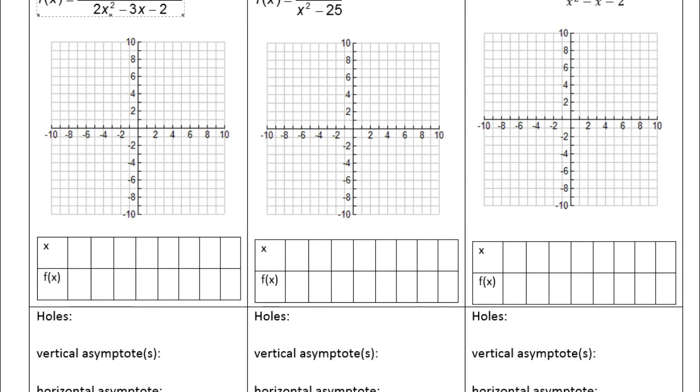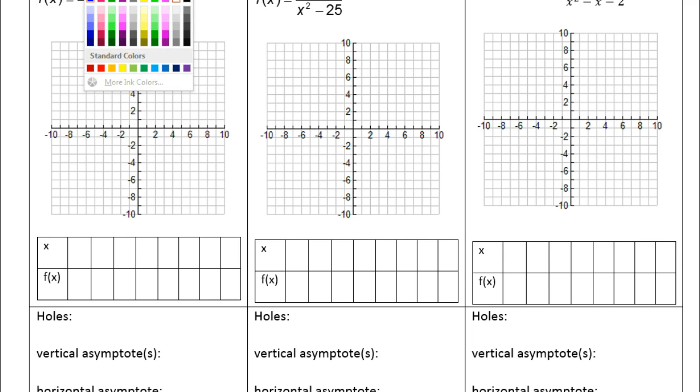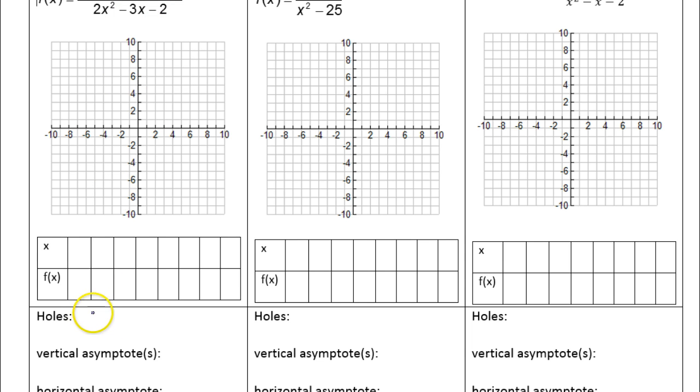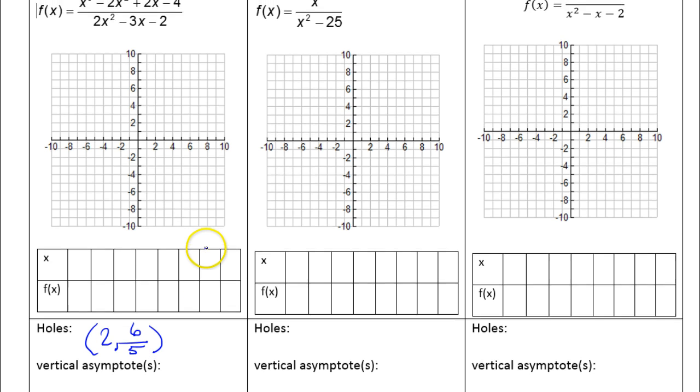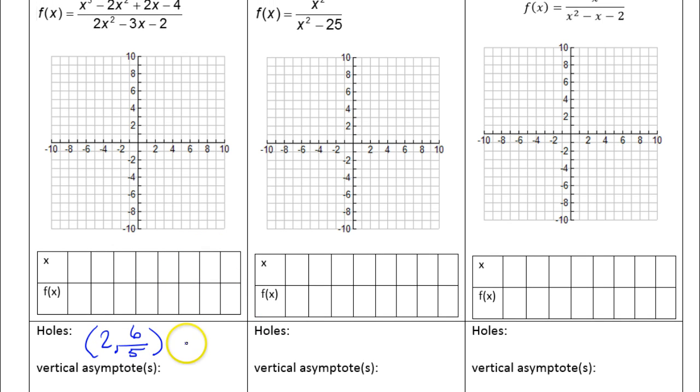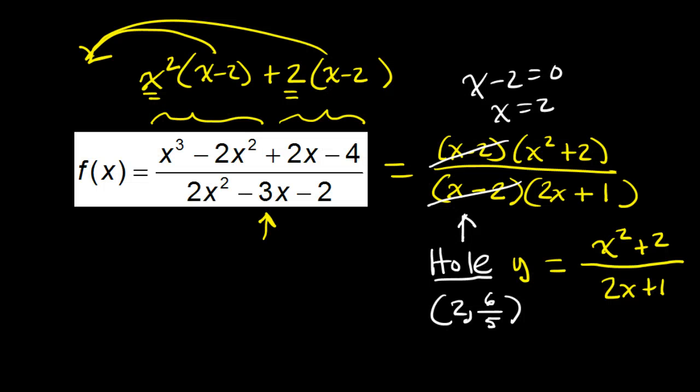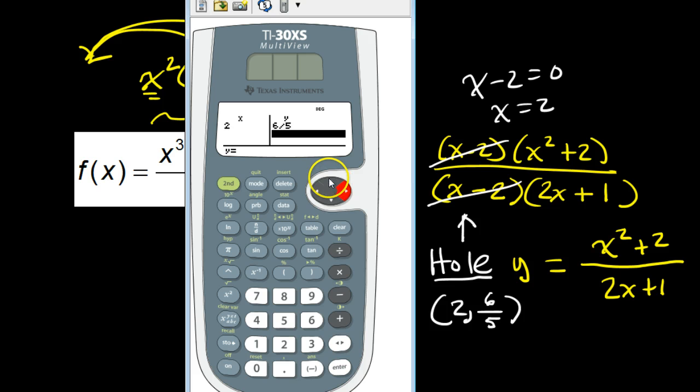So let's go ahead and write that down. Okay, 2, 6/5. Alright, let's also graph that. Now, 6/5, what is that as a decimal? Alright, that's 1.2.